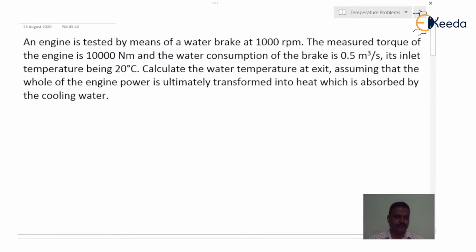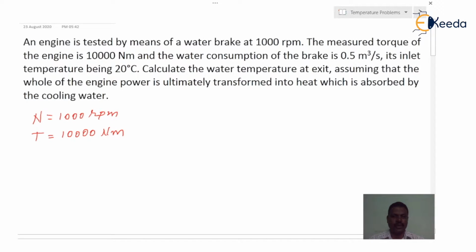Here N is 1000 rpm, and the torque T is 10,000 Newton meter, and water consumption of the brake is 0.5 meter cube per second.